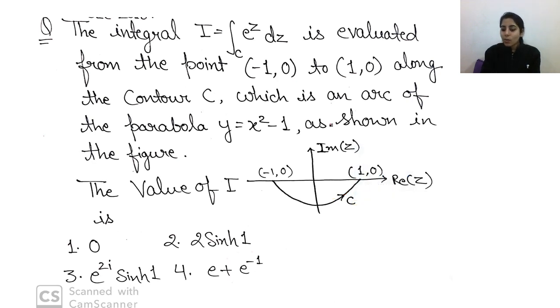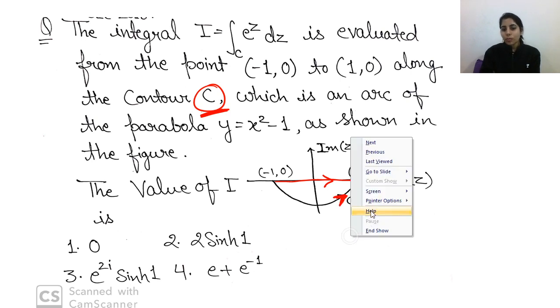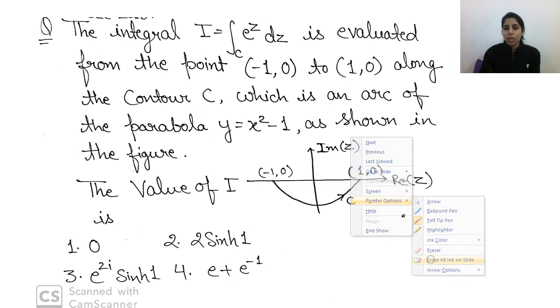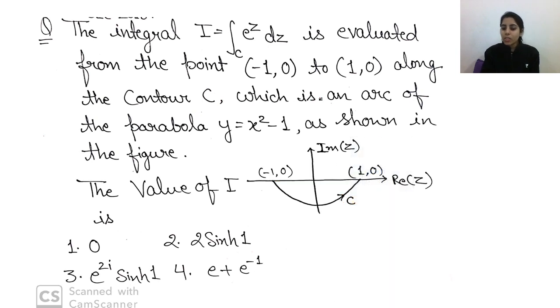And they have also mentioned that along the contour C, they are not saying that move from this point to this point from this path. No, they are saying along the contour C. That means they want us to find it along this path. Clear? Next, they have mentioned an arc of the parabola y is equal to x square minus 1.